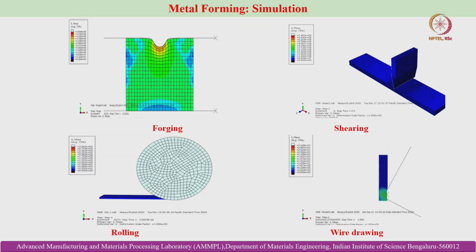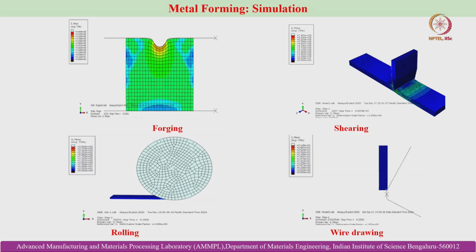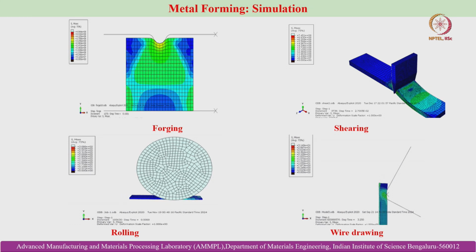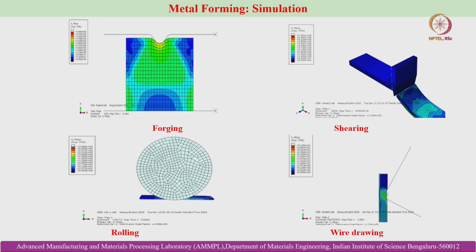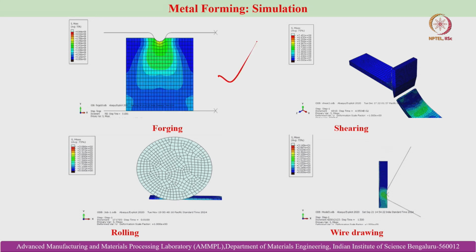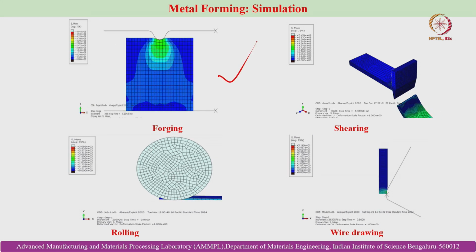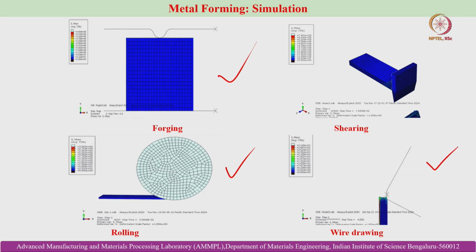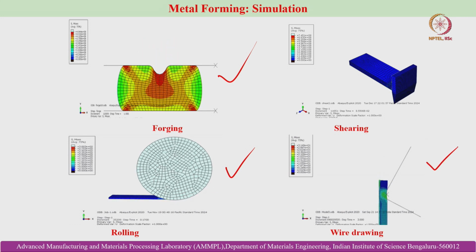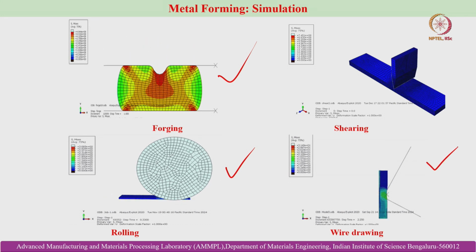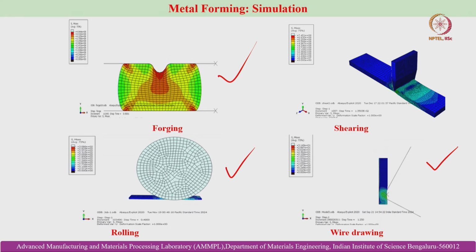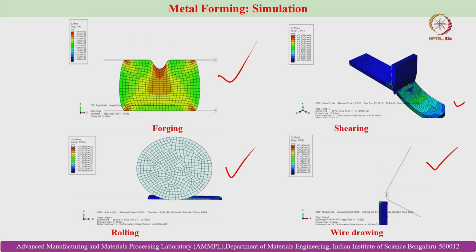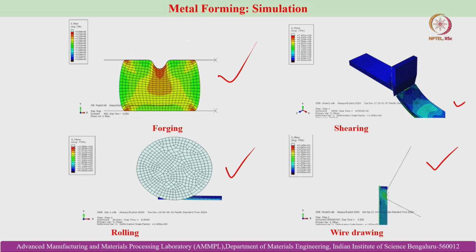Okay. So these are some typical animations shown for different metal forming processes. So this is a classic example of forging, and this is the example of rolling that we have discussed, and again you see the example of wire drawing, and also you can see the example of shearing. Okay. So this is how the process modeling can give you the feel of the process.